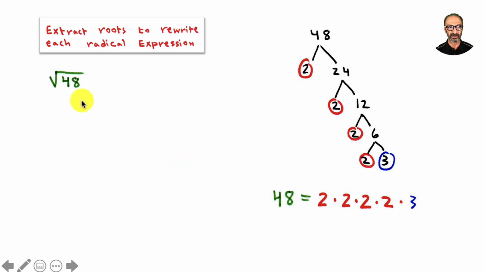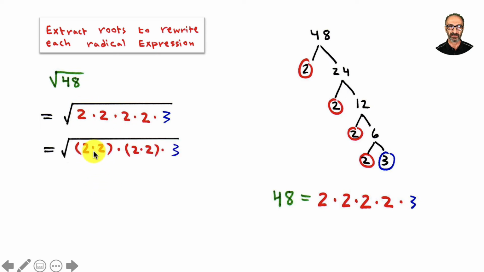If you put this inside the square root instead of 48, I have the following. But notice the 2's. I could see it as 2 times 2 and 2 times 2. 3, leave it alone. I cannot simplify the square root of 3. 3 is not a good number to deal with square roots.